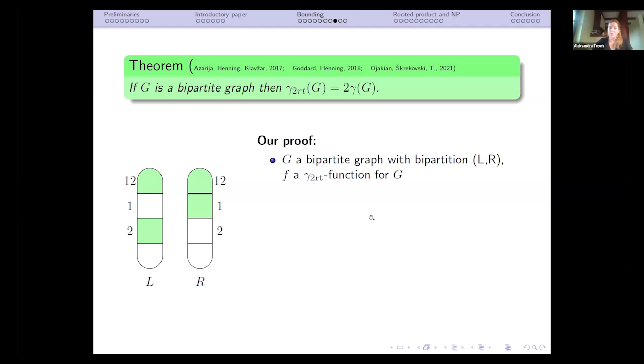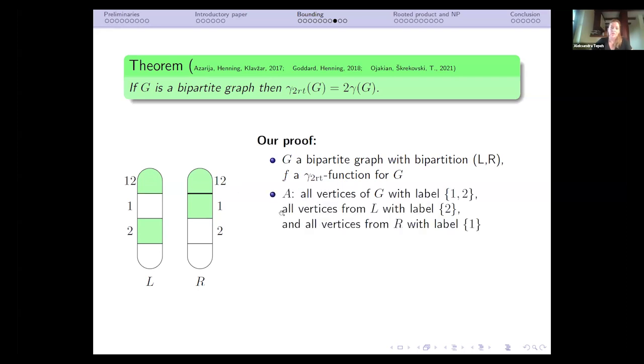If we have a bipartite graph with bipartition L and R as left and right, and if we think of f as an optimal 2-rainbow total dominating function on this graph, I tried to sketch this situation. So this 1, 2 means that all vertices in this part are colored with both colors. Those are just colored with one color, and so on. And now we define the set A to be the union of these green parts.